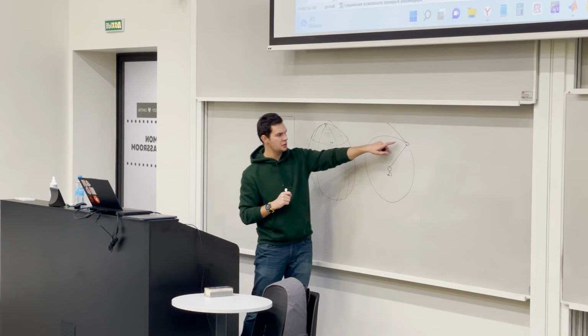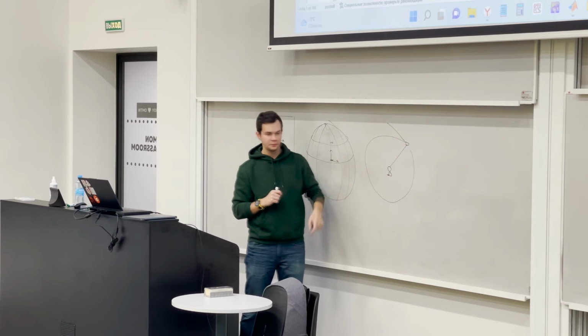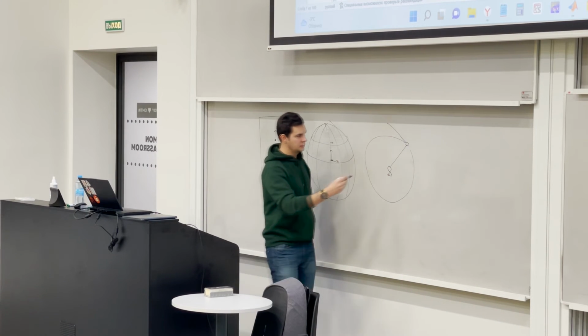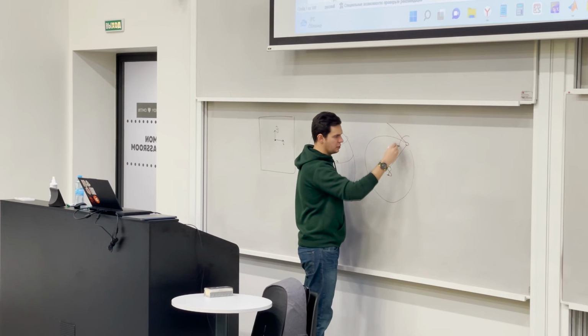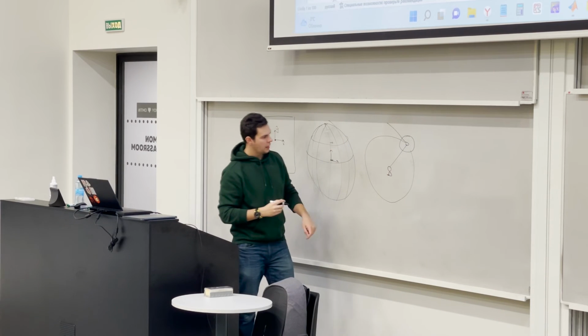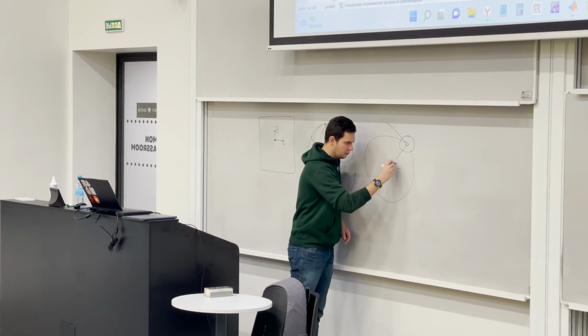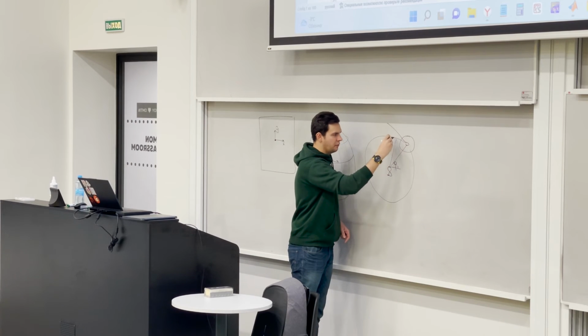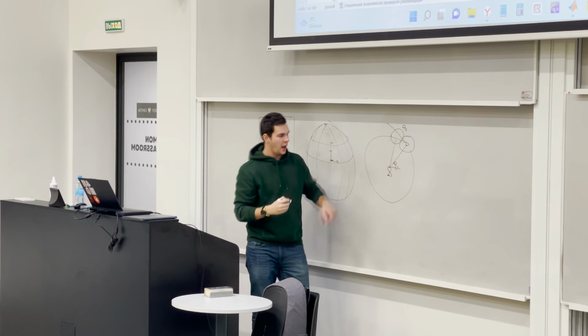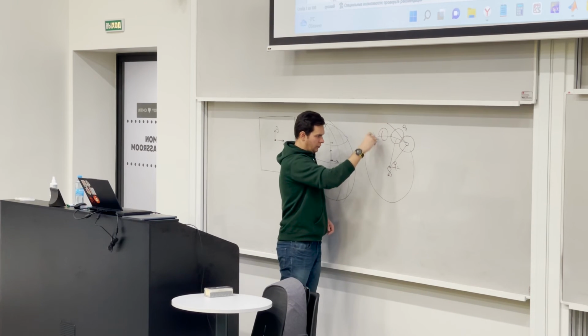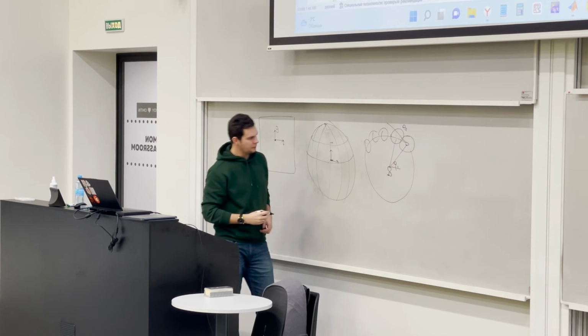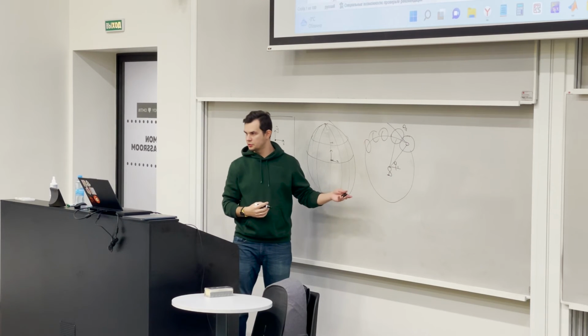And I need another circle for the second link. For each q1, I will have another circle of q2, and if I continue my drawing, it will look like a torus, like a donut.